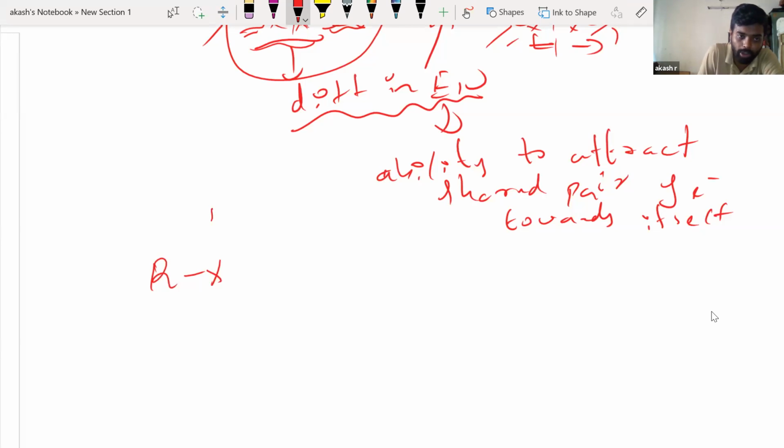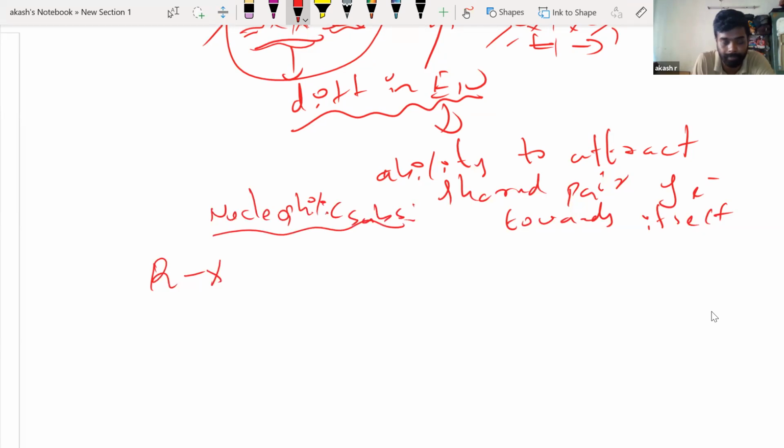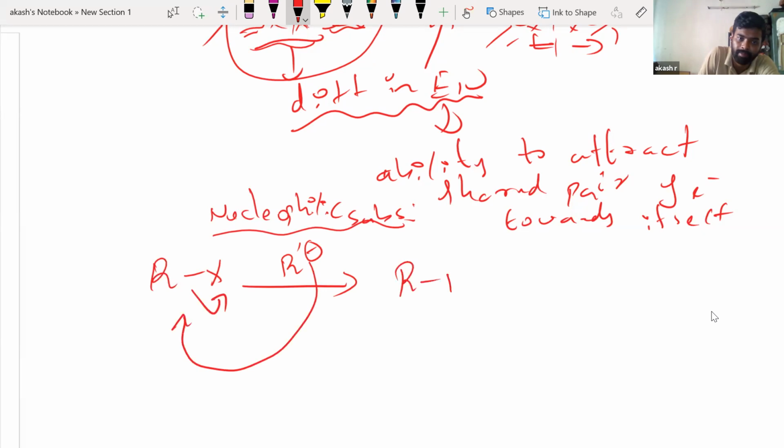Now I'm talking about nucleophilic substitution. When I talk about a nucleophilic substitution, people, this RX, somehow, if I can produce another alkyl group which is having a negative charge, what will happen? The nucleophilic substitution can happen. That is exactly what they are trying to say.